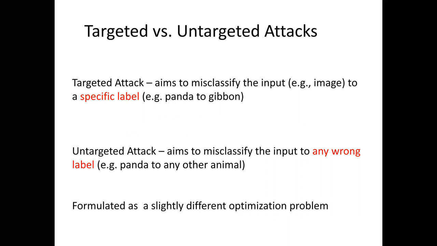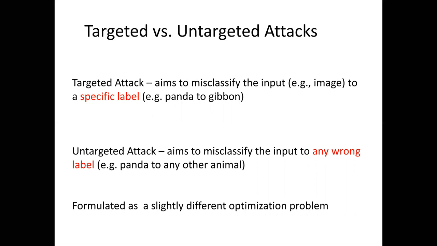There are generally 2 types of attacks, called targeted and untargeted attacks. A targeted attack aims to misclassify the input, for instance an image, to a specific label. You have a specific bad label in mind, call it an adversarial label. The input gets classified to something good, like a panda, and you try to trick the model by changing the input so that it gets classified to something else, like a gibbon.